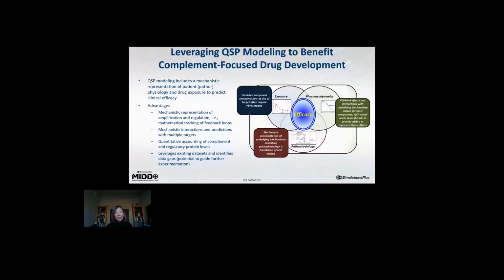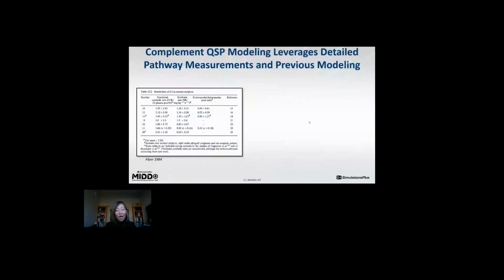Okay, so I did mention that there's a lot of data out there, and just to give an example of this, this table is from several decades back now, but this is an in vivo tracer study to look at metabolism of C3 in people.